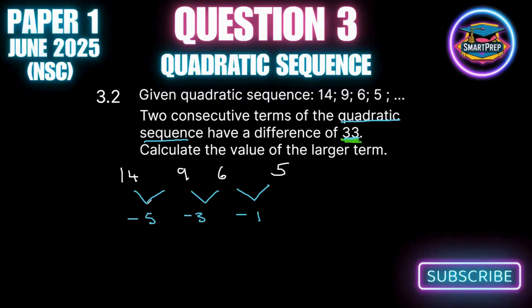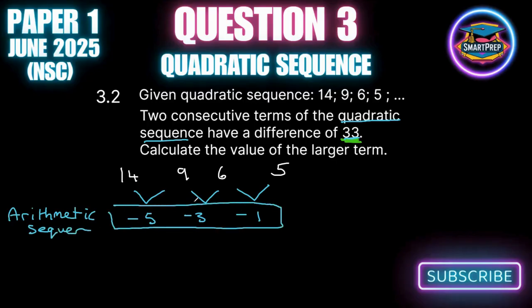What is important to note is that the first difference of a quadratic sequence is an arithmetic sequence. So what we have here is an arithmetic sequence. That's important, okay? These are going to continue on, and we can plug in a value.